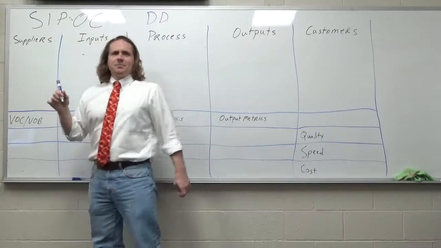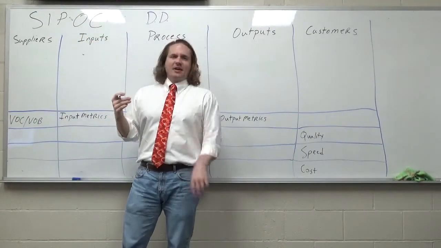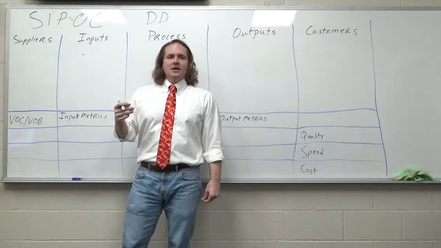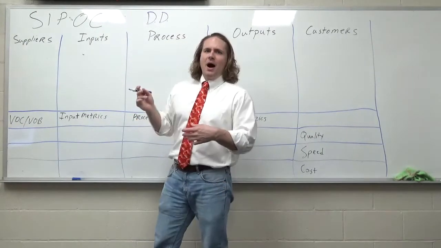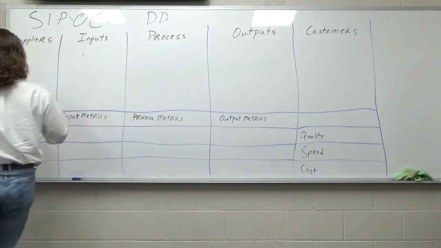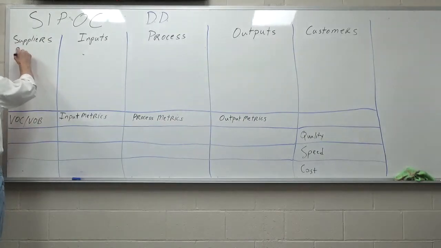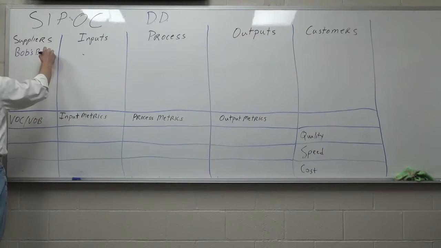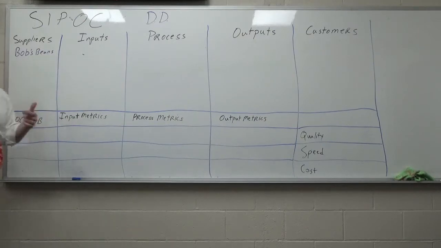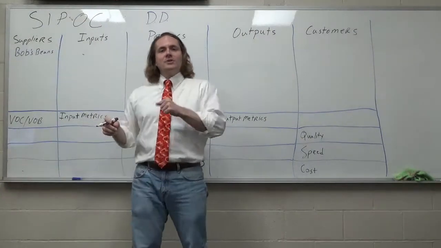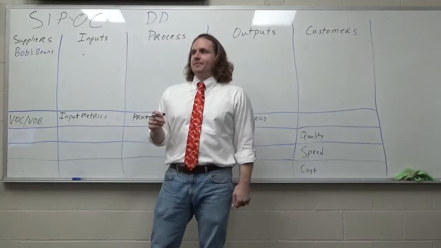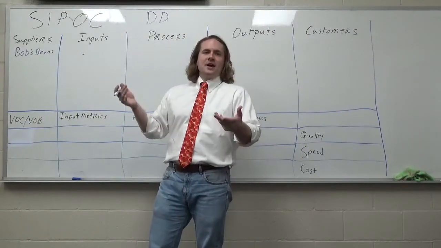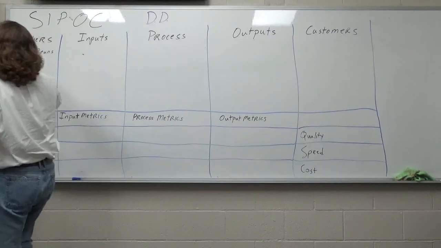So let's think of some people that might supply coffee beans to a coffee shop. Bob's Coffee Beans, Bob's Beans, right? That's a supplier, okay? Now, let's think for a second of who else might be a supplier. Corey's Cups, they provide cups, okay?